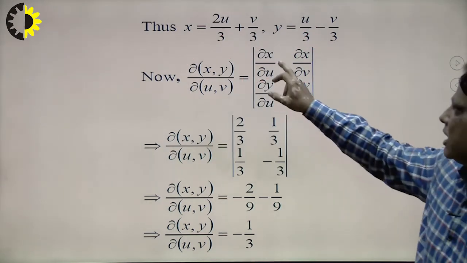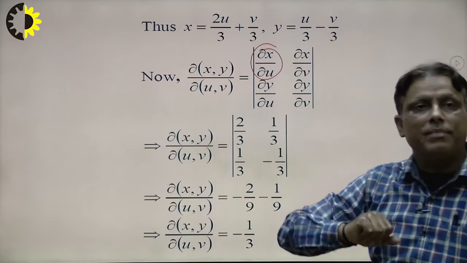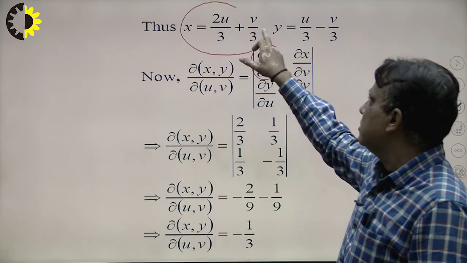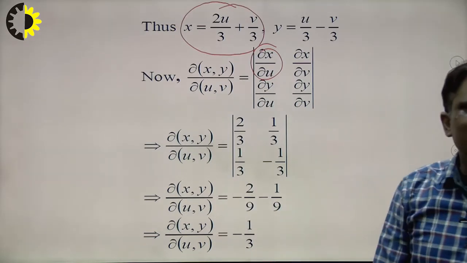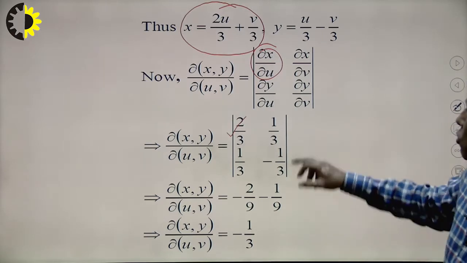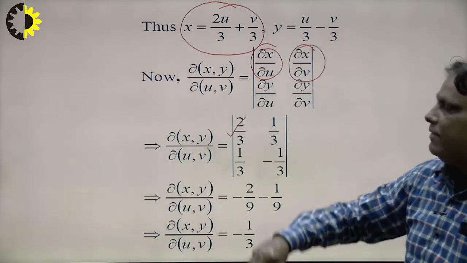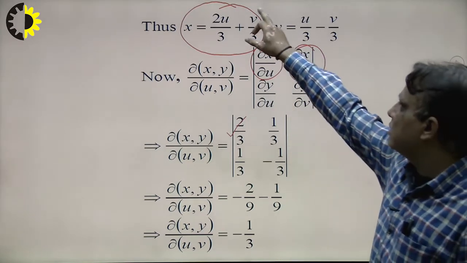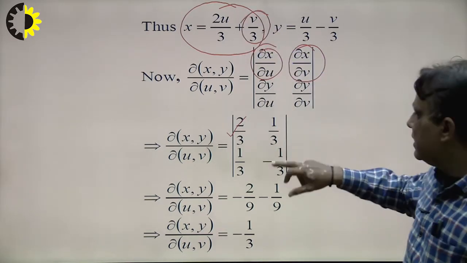In this way we can find our calculations. So suppose I want to calculate del x upon del u here. There is no problem. Differentiate these terms with respect to u. So what will be the answer here? 2 by 3. So I write here 2 by 3. Now del x over del v, that means differentiate x partially with respect to v. The answer will be 1 by 3.